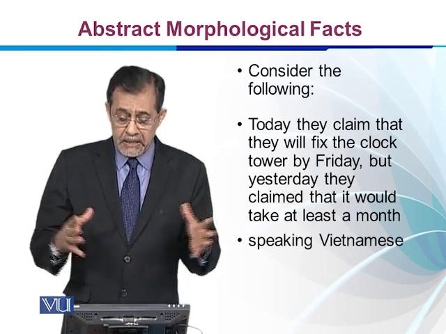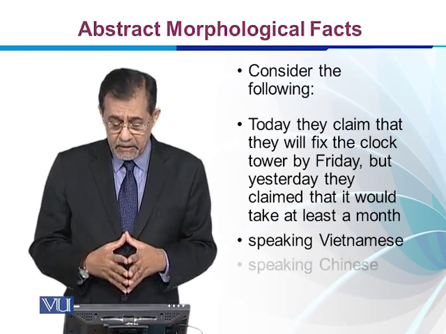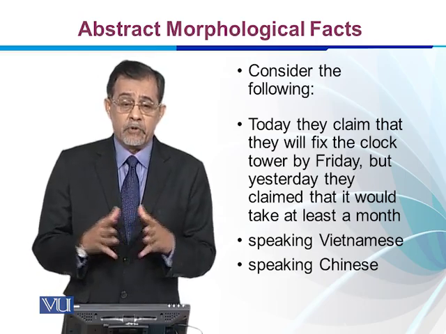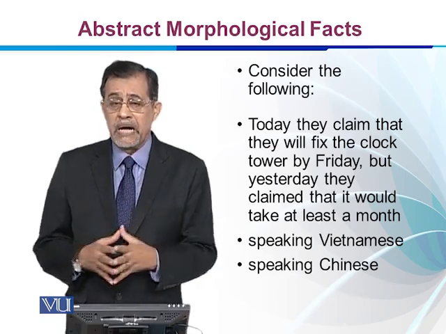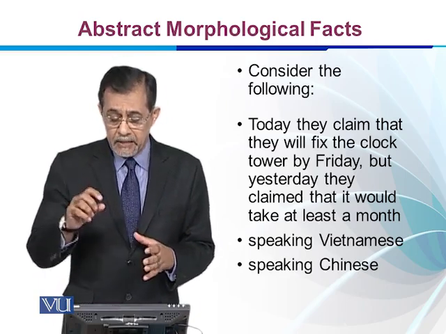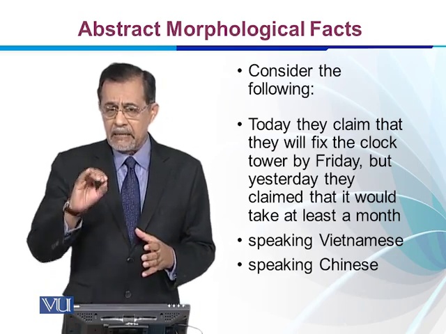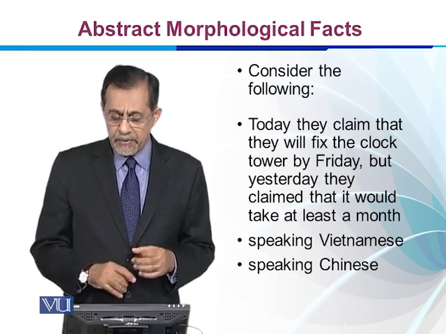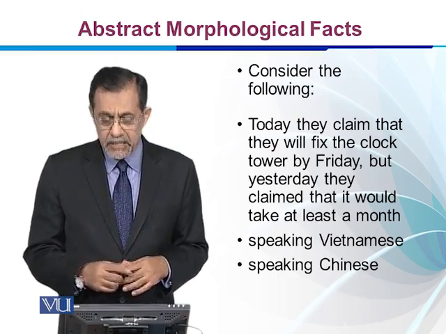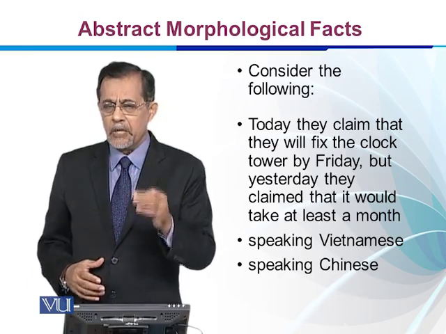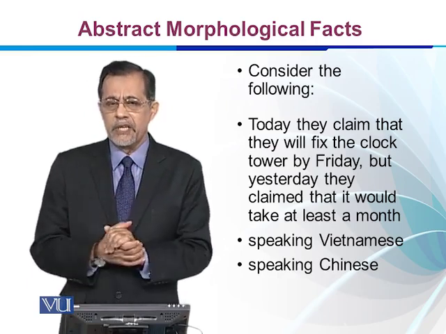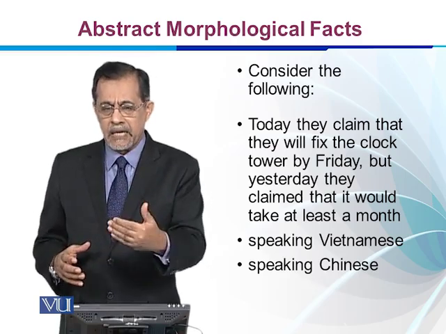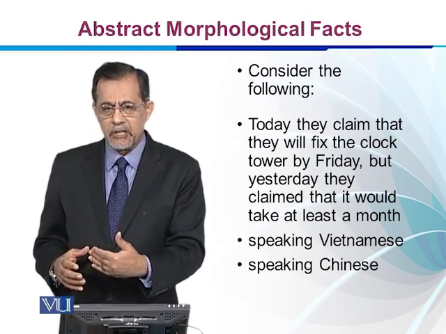If we are speaking Vietnamese and Chinese, we come to know that there is no past morpheme. The word claim will remain claim in the present and claim in the past. However, speaking Chinese, we'll be using the word yesterday with it, and yesterday will tell us that the claim is used as past tense.